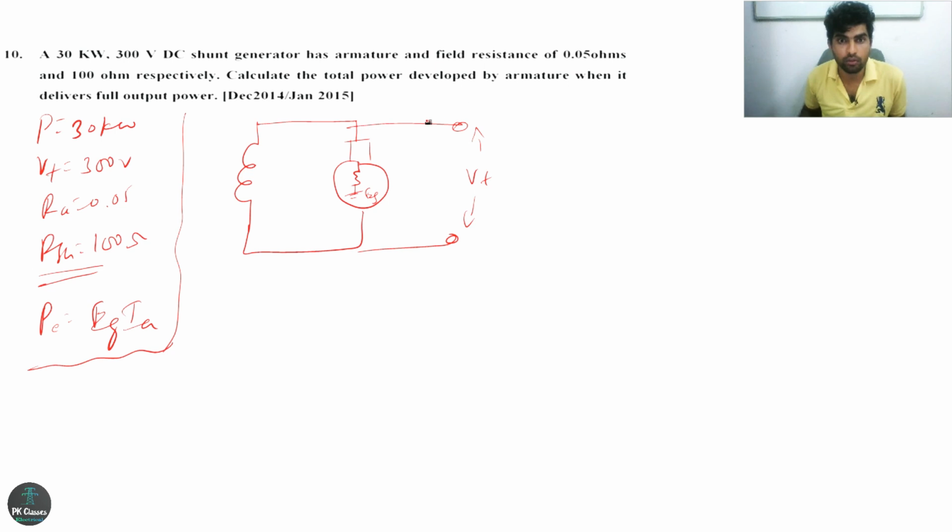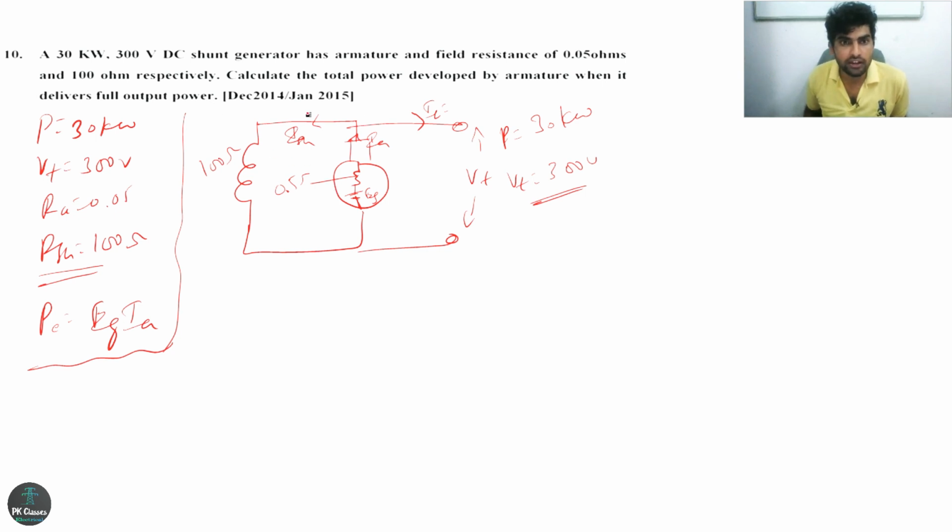IL they have not given. Power is 30 kilowatts and the voltage is 300 volts. So ISH, IA, and IL we don't know. RSH is 100 ohm and RA is 0.05 ohm. And EG we don't know, we need to calculate it now.